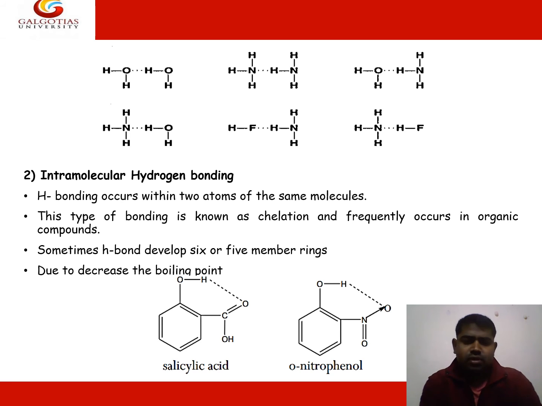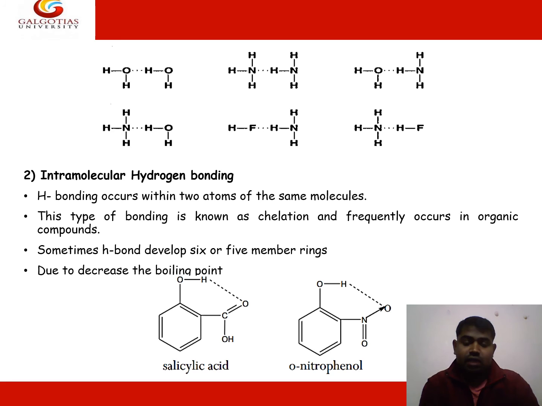Now comes intramolecular hydrogen bonding. Generally, intramolecular hydrogen bonding occurs between two atoms of the same molecule, and this type of bonding is known as chelation and frequently occurs in organic compounds. Sometimes the hydrogen bond develops in 6-member or 5-member rings, and due to this it causes a decrease in boiling point and melting point, and also impacts the drug's interaction with the particular receptor.